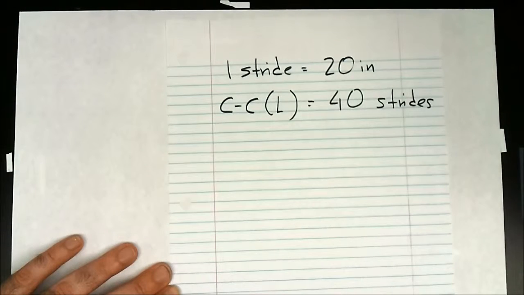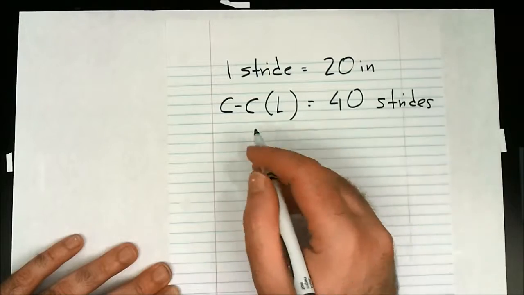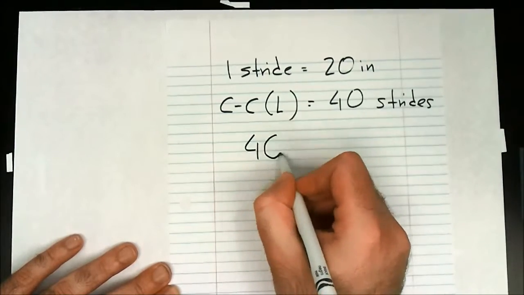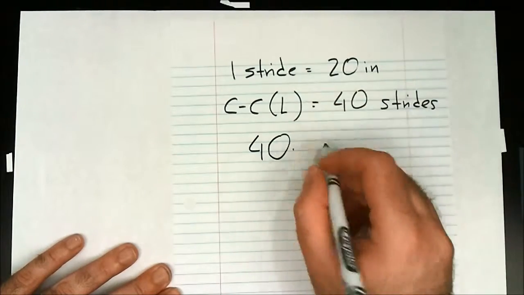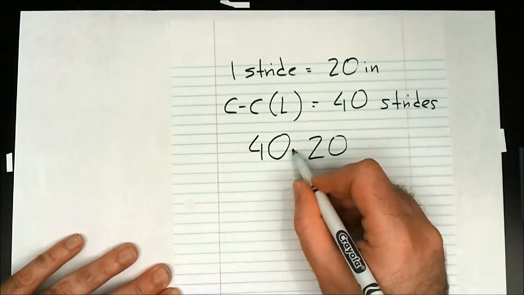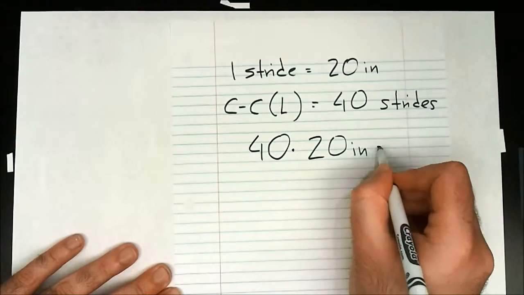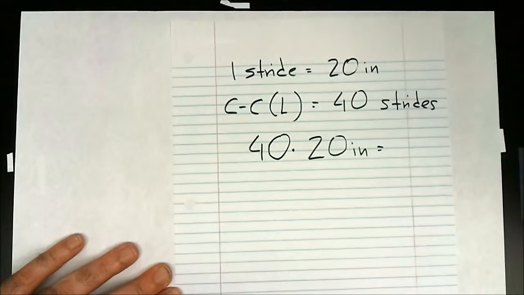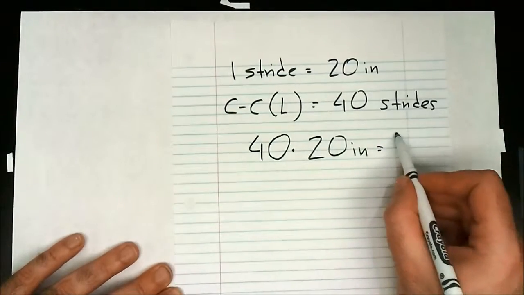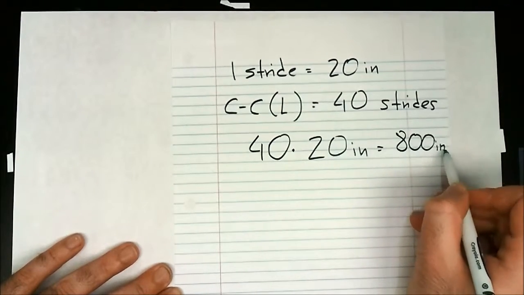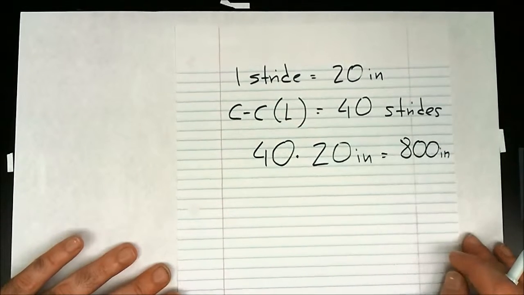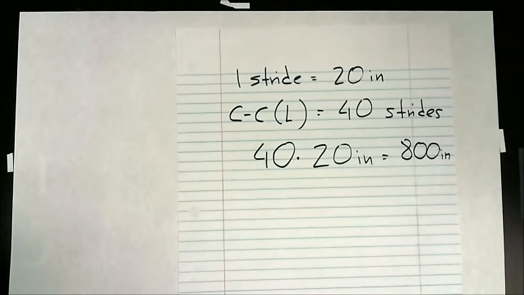The way you find the actual length of the C building, you take your number of strides, so 40 or whatever you have, and multiply it by your actual stride. For me it's 20 inches. This is going to give you your actual measurement. This is 800 inches. I'm not sure if that's accurate or not, but I'm pretty sure I'm not too far off, I hope. So that would be the length of the C building, 800 inches.